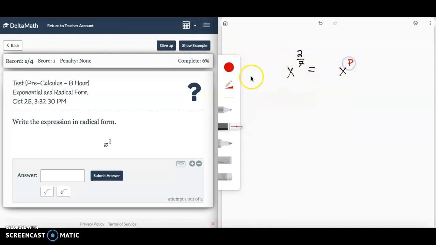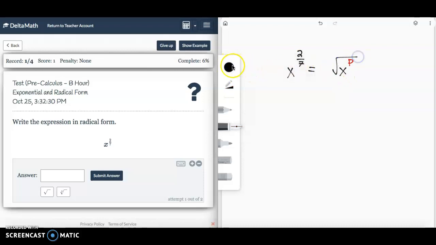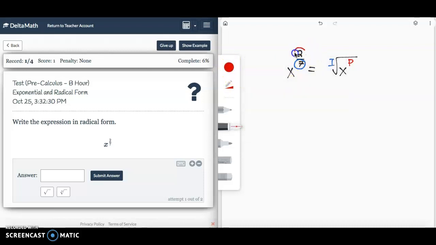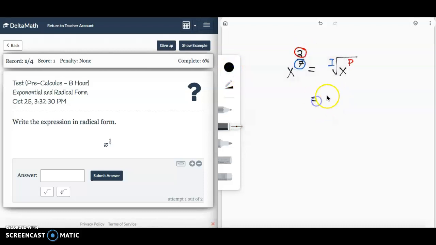So there's your power, and then here is your index, right? So the index, the type of root that you're taking, is on the denominator, and then the power is in the numerator. So if I'm going to rewrite it again, this would be the 7th root of x squared.